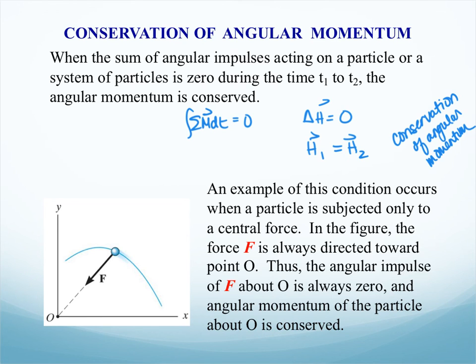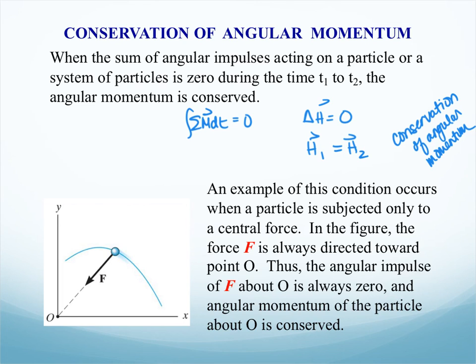Basically what we're saying is, in a system where there aren't any external moments acting on the system, and if it has some angular momentum, that total angular momentum will remain constant throughout its path. A good example of the type of force that can be acting on an object but not giving it a moment is a central force, particularly gravity.